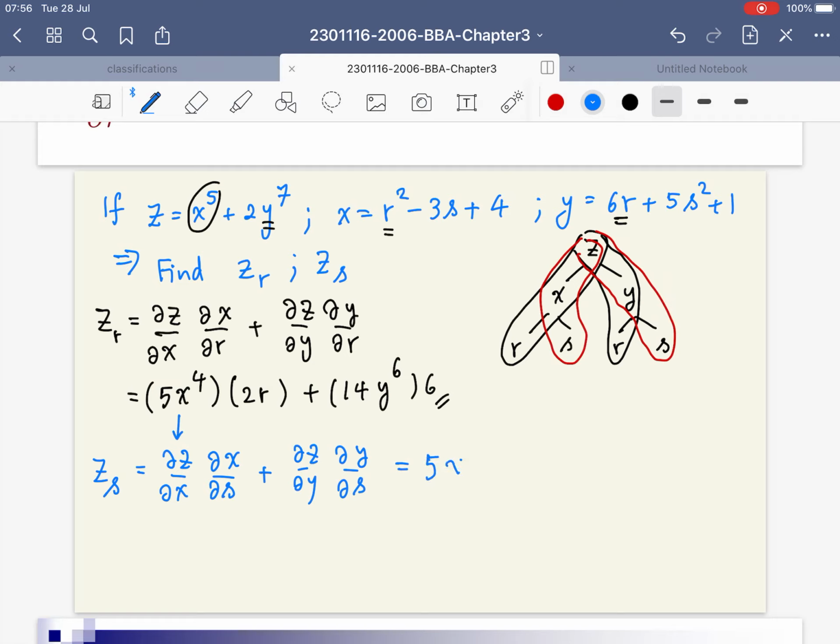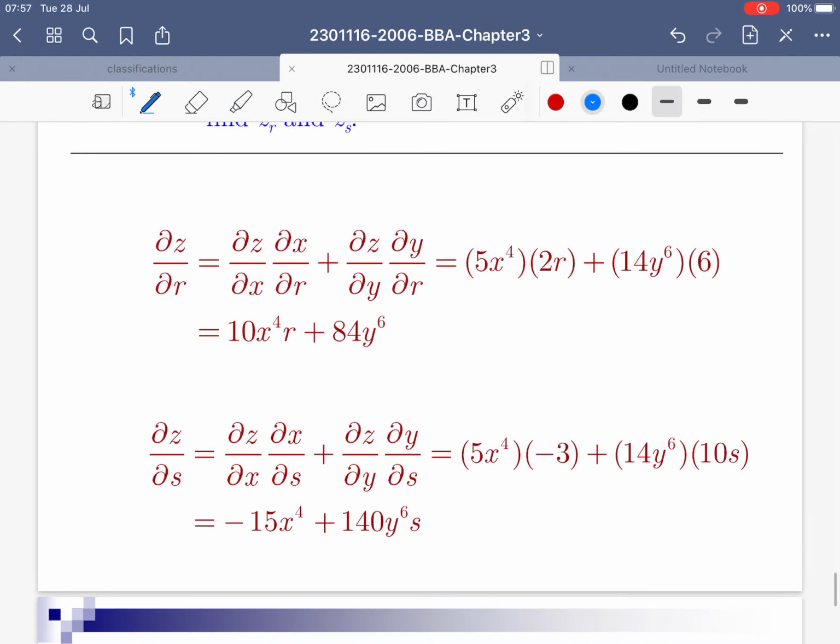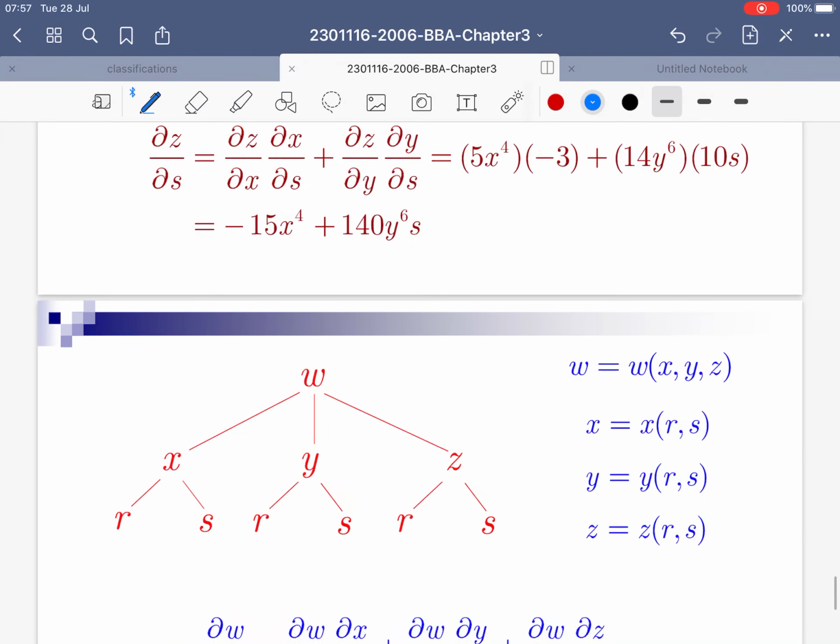You got 5x to the fourth, but then this one you find the derivative with respect to s instead, which is -3, and this one, same thing. You got 14y to the sixth, and dy by ds here is 10s. Here you can stop. This one is the typed version if you like.